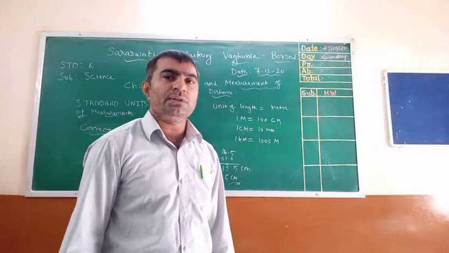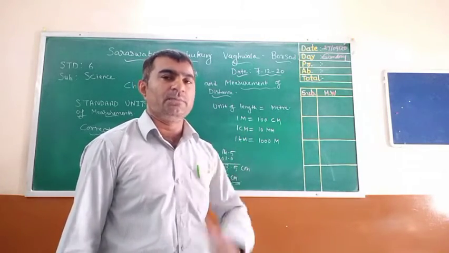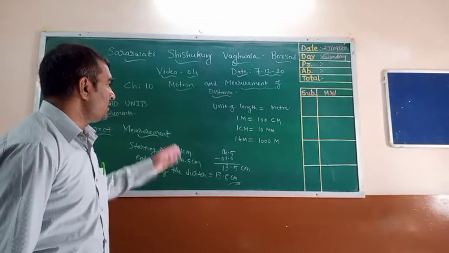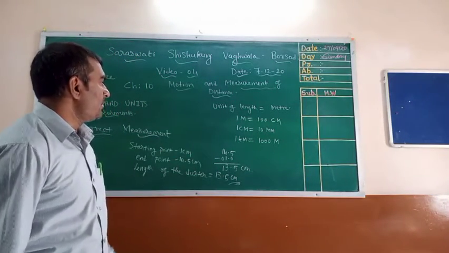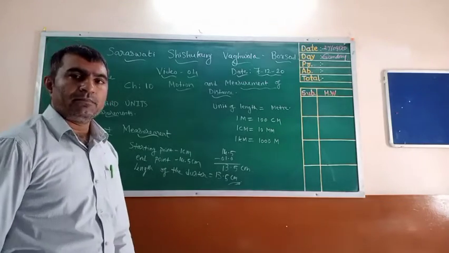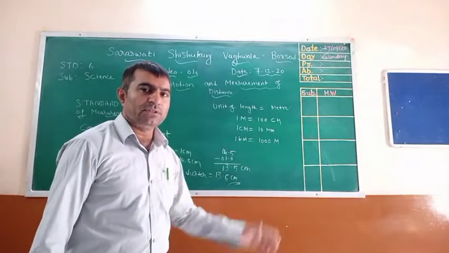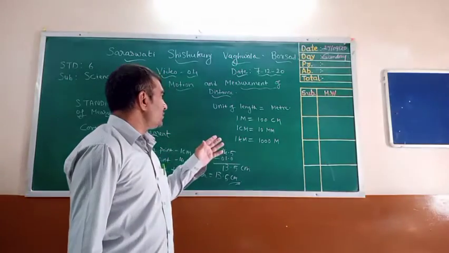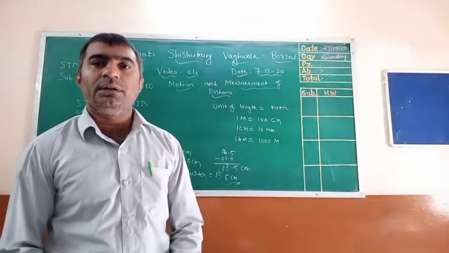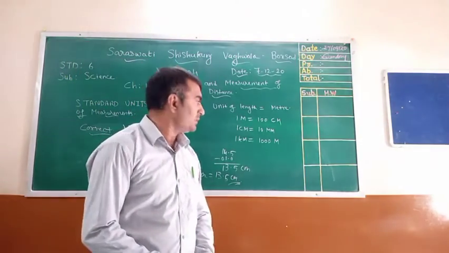It has subunits, and subunit means small unit, and a larger unit means multiple unit. So 1 meter is equal to 100 centimeter, 1 centimeter is equal to 10 mm, 1 kilometer is equal to 1000 meter. In this way it has different units. We are using different units to measure different lengths according to the length of the object or any distance.